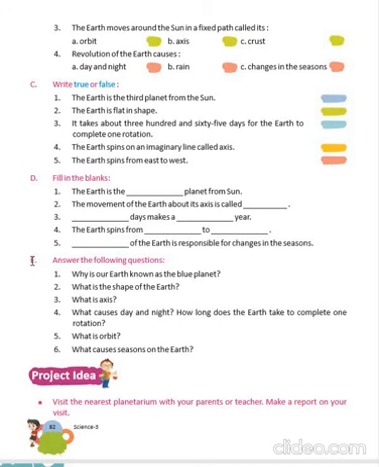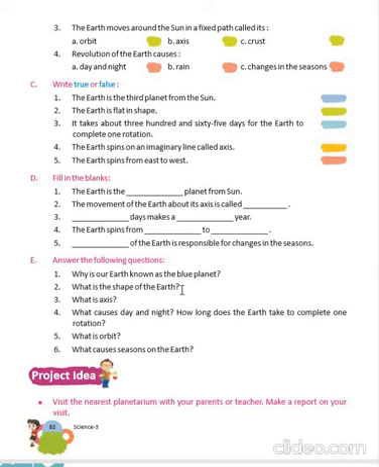Now, answer the following questions. Why is our Earth known as a blue planet? Because about 3/4 of its surface is covered by water, due to which it looks blue from the sky.